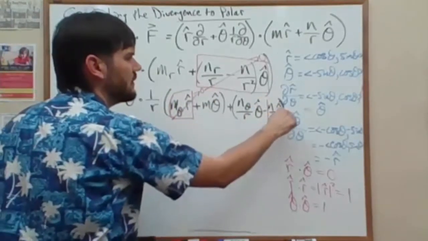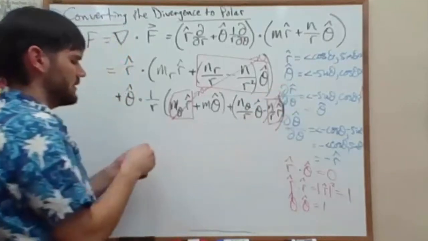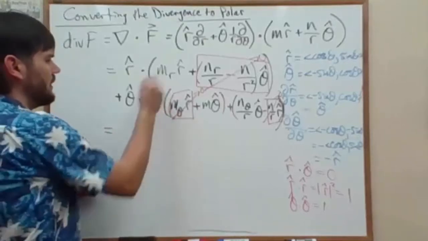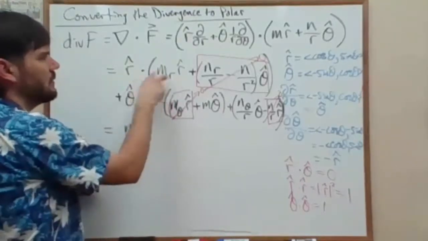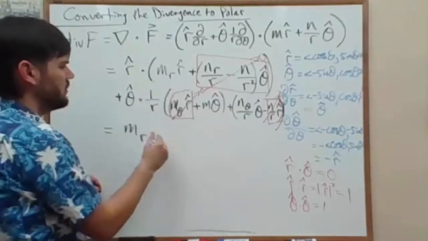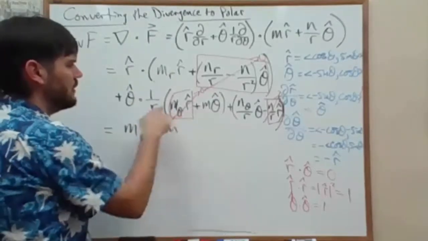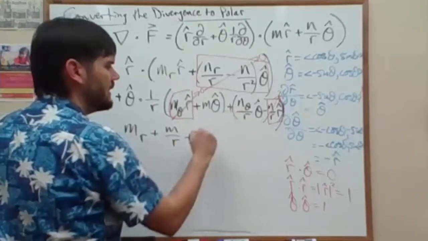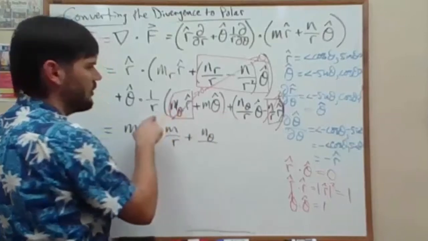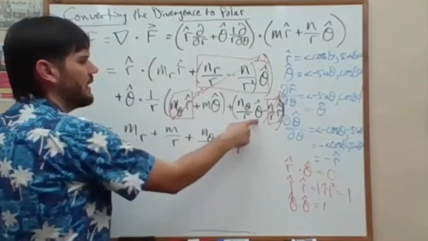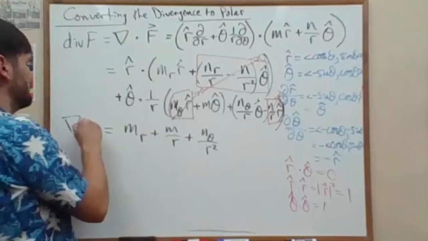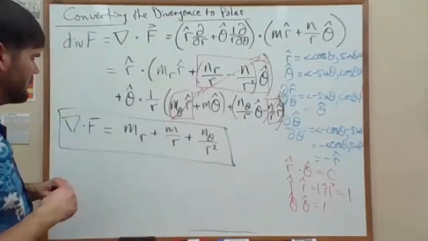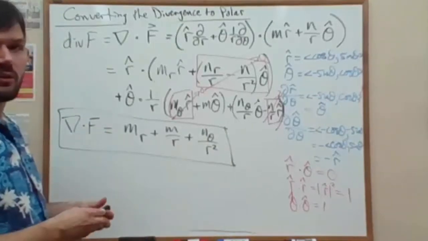And that r hat piece will go to 0, leaving us with m sub r from r hat dotted with itself, plus m over r, theta hat dotted with itself, plus n sub theta over r squared, theta hat dotted with itself. And that gives us the divergence of a vector field in polar coordinates.